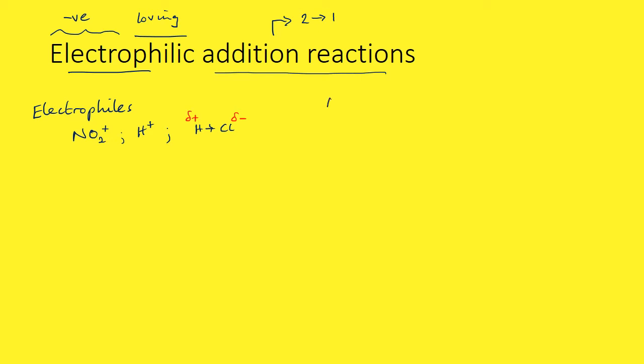So let's have a look at the mechanism of electrophilic addition. And first of all, let's start with a general equation. So we're going to have a look at ethene, C2H4, and let's react that with an imaginary molecule XY, and the product that we'll get will be CH2X CH2Y. And so essentially we've added XY onto the ethene molecule, and this is the mechanism.